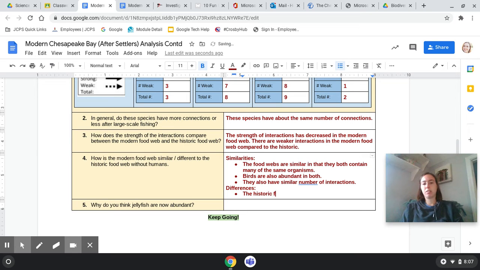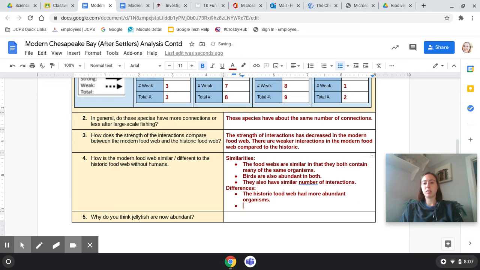The historic food web had more abundant organisms. The historic food web had stronger interactions compared to the modern food web, which has more rare organisms and weaker interactions. So we have answer number 4, and now we're ready to answer question 5.